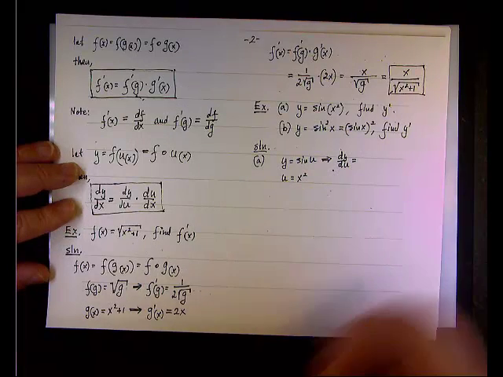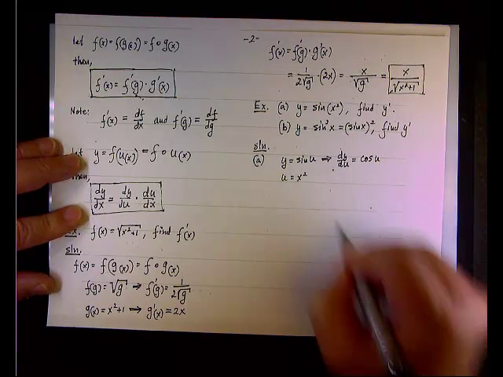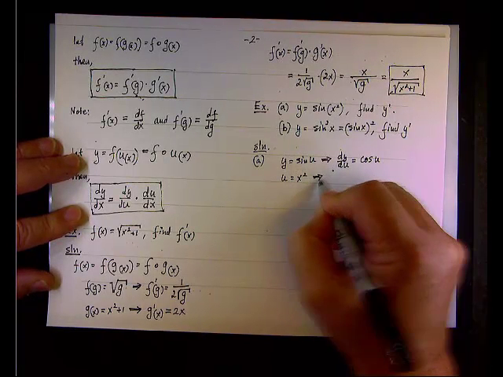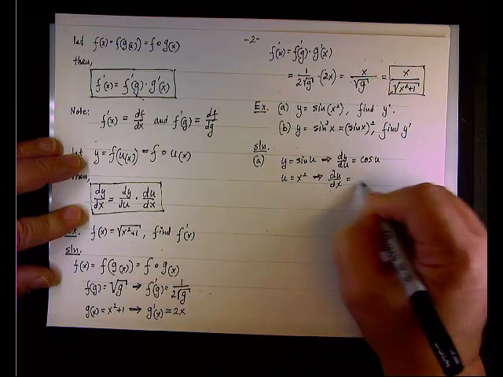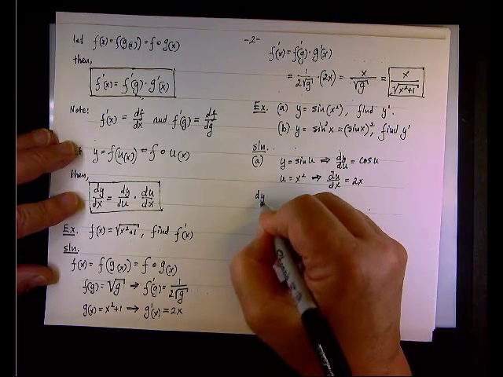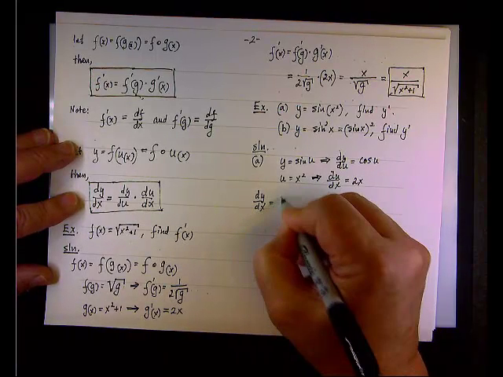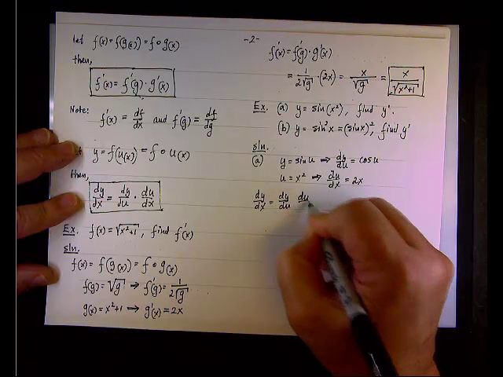Well, the derivative of the sine is the cosine. And the derivative of x squared, so du dx, is simply 2x. And now we multiply each other, because dy dx is dy du times du dx.